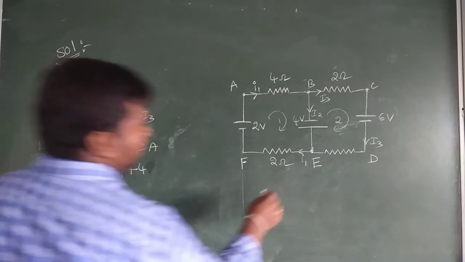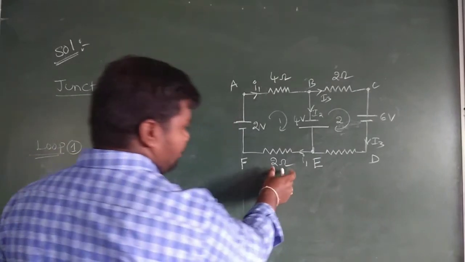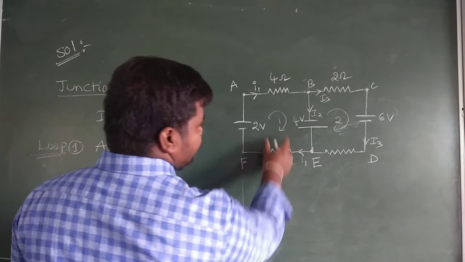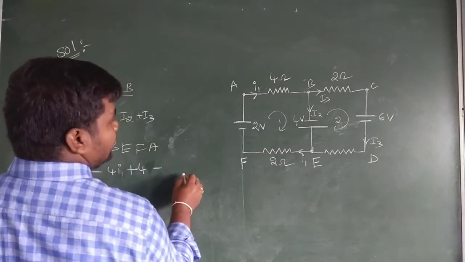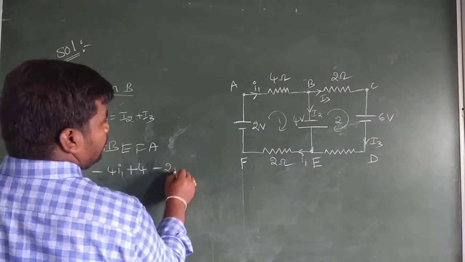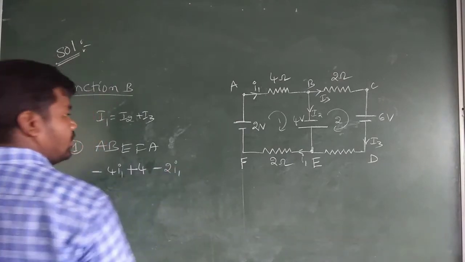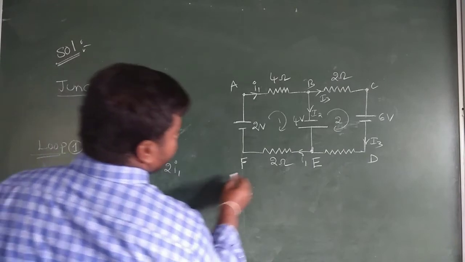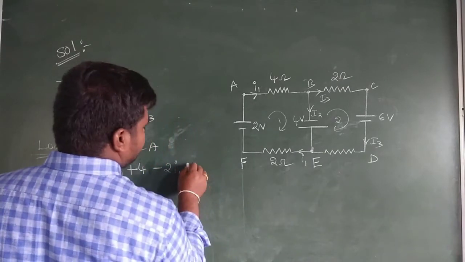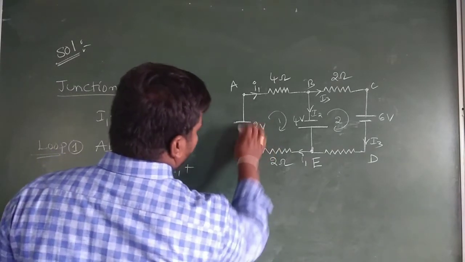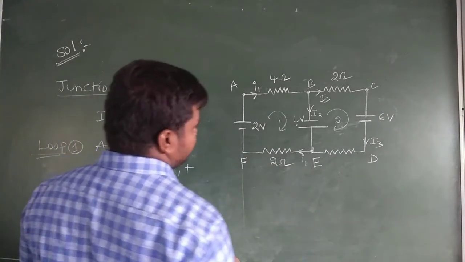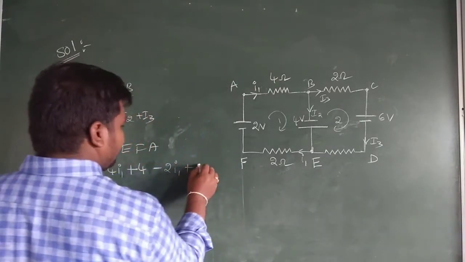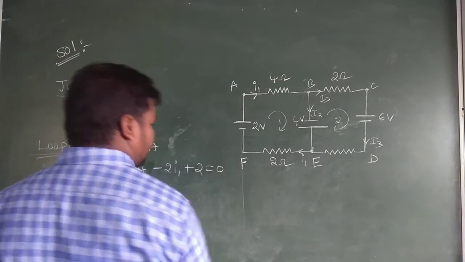Then we take the 2 ohm resistor in the same direction, so we get minus 2 into I1. Next, the 2 volt battery direction is towards the positive terminal, so we take plus 2, equal to 0.